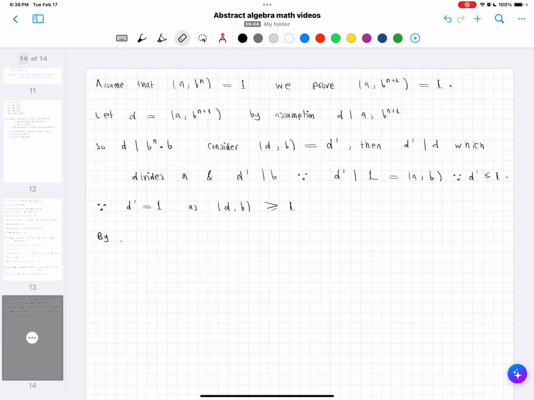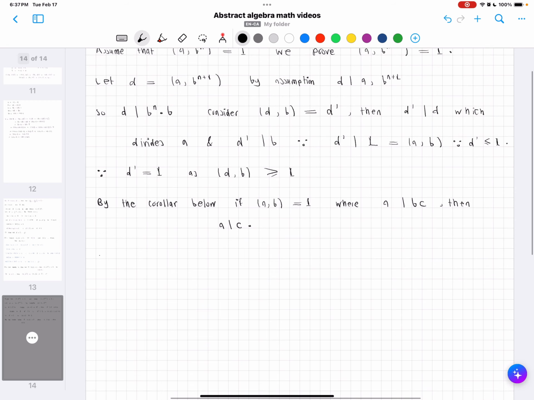So by the corollary below, which tells you that if the GCD between A and B is 1, where A divides B times C, then we have that A divides C.